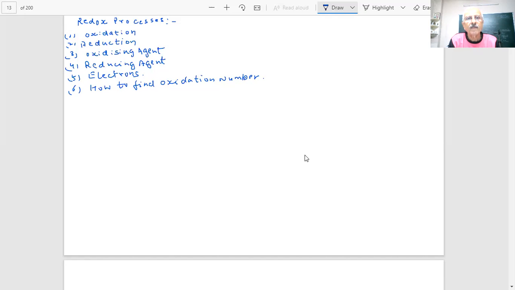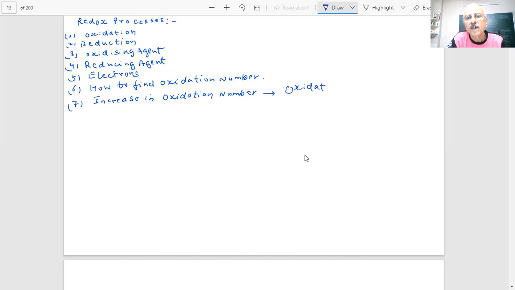It's an example of oxidation. That is the correct answer. We are just giving a recap and revising the story. Increase in oxidation number is oxidation.